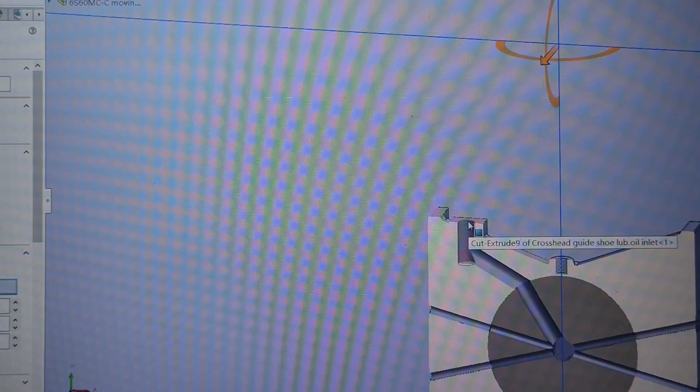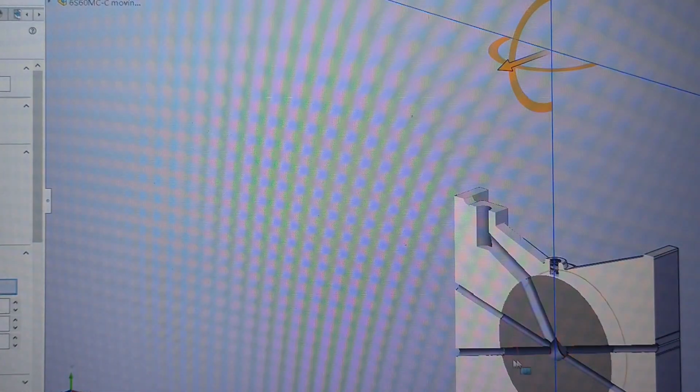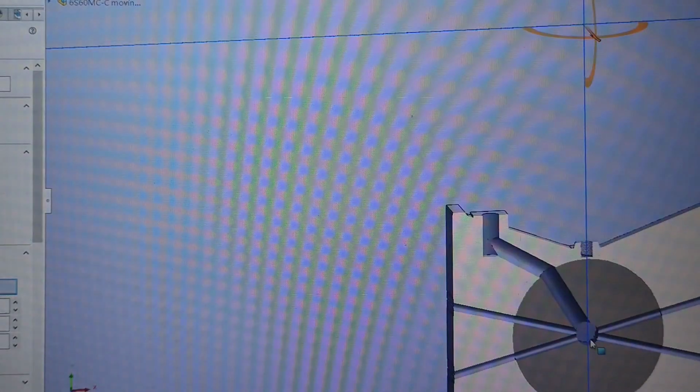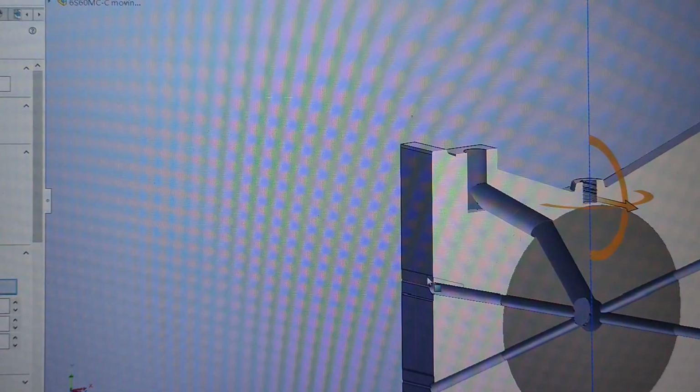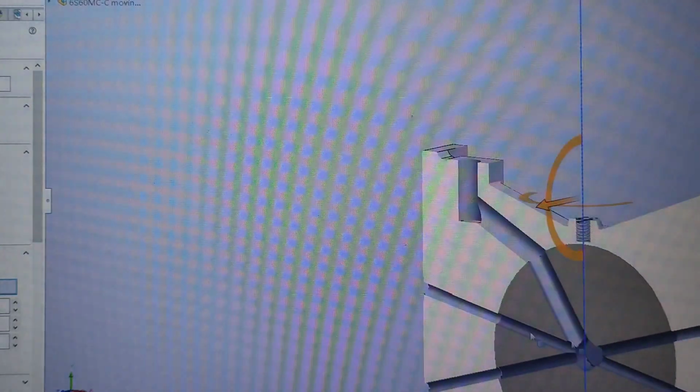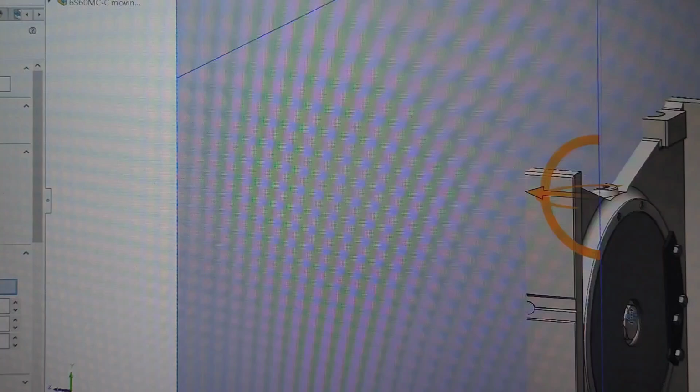You can see the lubricant can flow inside this, and go into the center hole of the crosshead pin, and here the lubricant will be delivered to the crosshead plate.